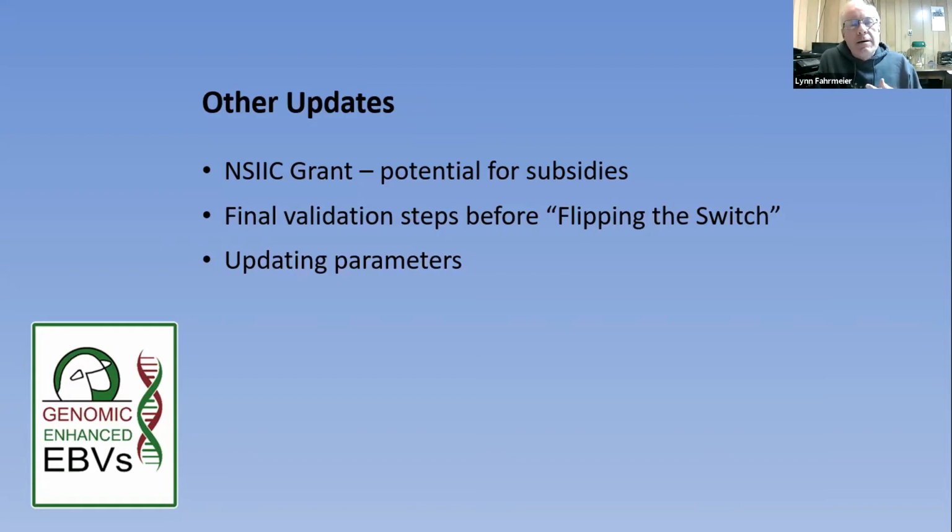And I'm happy to say that genomically, validation steps 1 and 2 went through with flying colors. The hang up was on validation step 3, and that dealt with some of these parameter issues. And so as a Katahdin breeder, I'm excited because not only are we going to get genomically enhanced EBVs, we're going to have updated parameters.